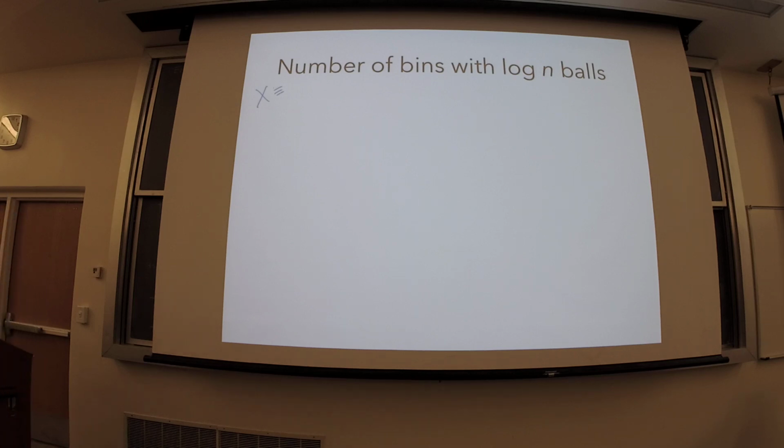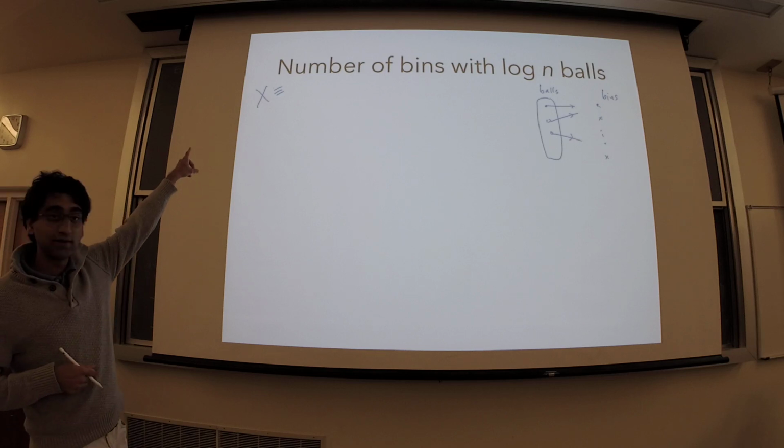And again, x you can write as a sum of random variables, because the standard picture is we have a bunch of balls going into an equal number of bins. And so this is the quantity we are interested in.